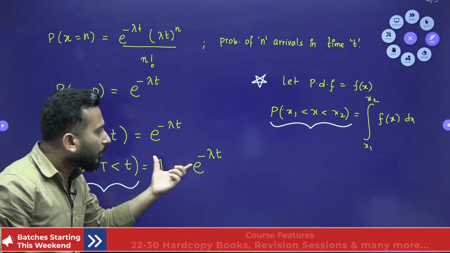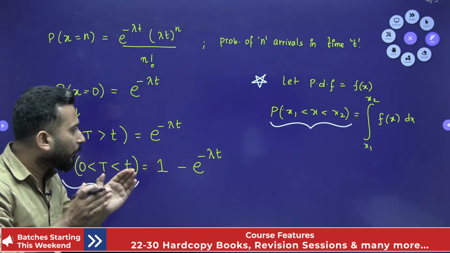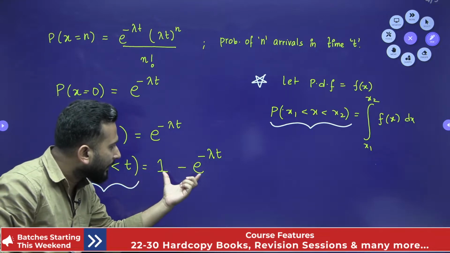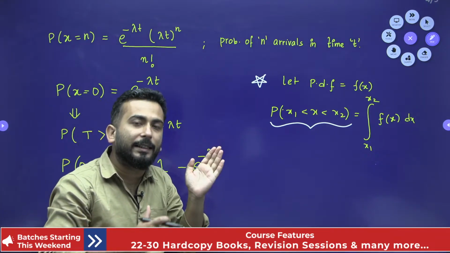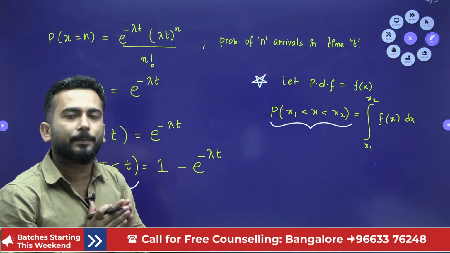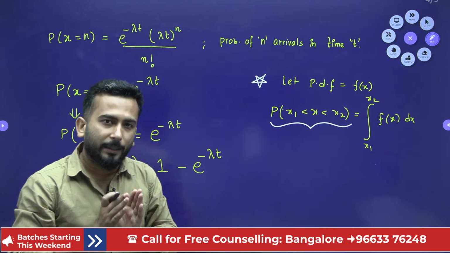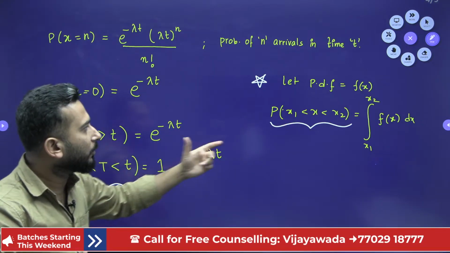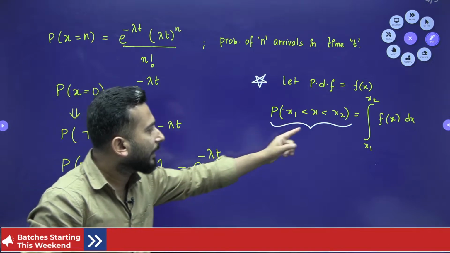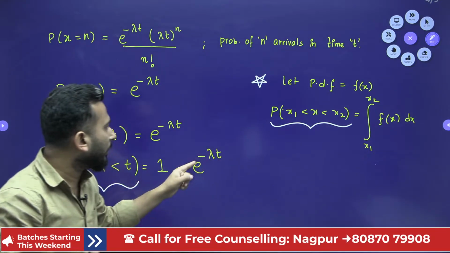Correlating both, I can say that whatever expression I have in my hand is nothing but the integration of a certain function. I repeat again, after comparing these two, this is matching with this, so this must be equal to this.